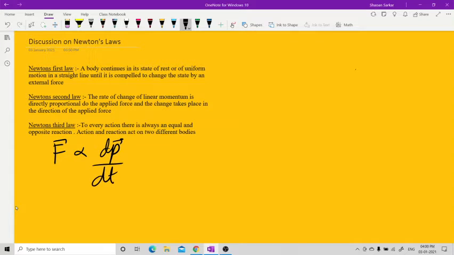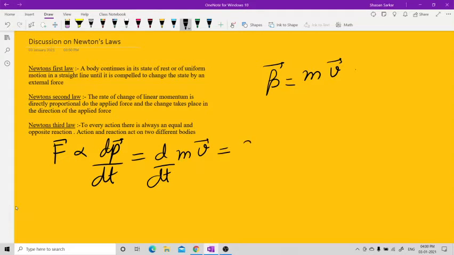That means dp/dt, where we know that p is the linear momentum, which is equal to mv. So d/dt of mv, m being a constant, will come out, and d/dt of v is nothing but a, so ma. Now F is directly proportional to ma.